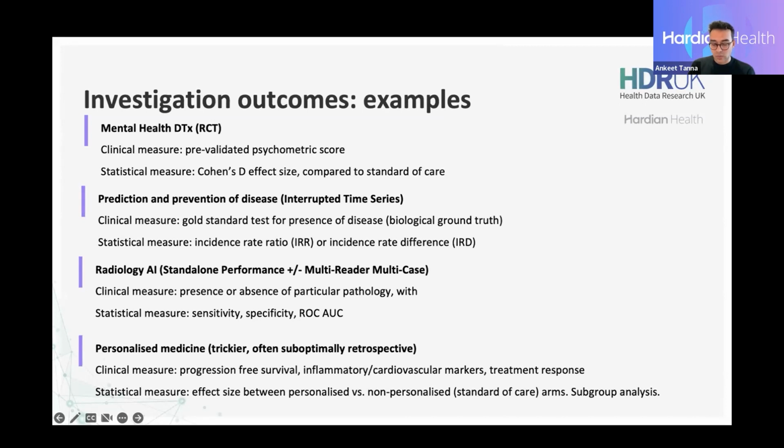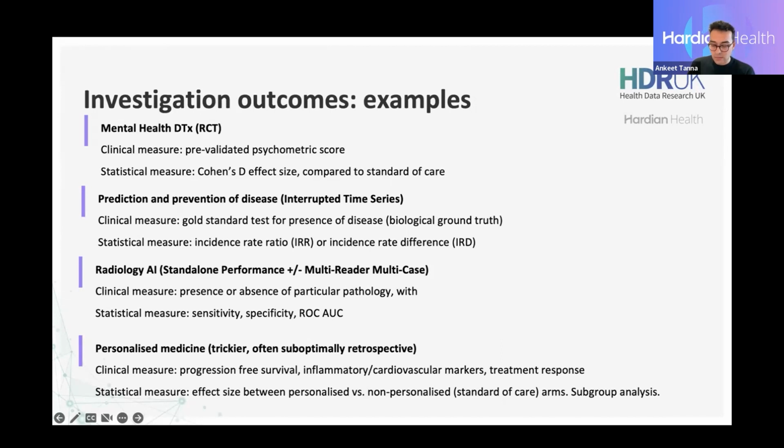So these are instances where if you're simply claiming, for example, to notify a clinician that there is an abnormality on a scan, then your performance metrics might just be standalone performance of the AI in detecting pathology. But if your claim is by, for example, overlaying contours or pointing to a region of interest, your claim may be that you're improving a radiologist's ability to detect a disease with the assistance of an AI.